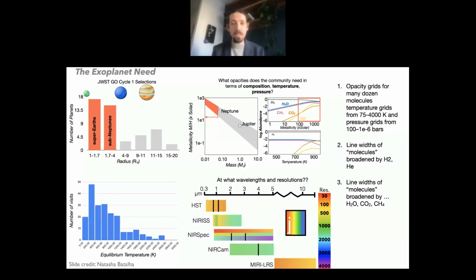In summary, I would say that this slide shows a really good summary about what the concern is, what I explained to you. On one hand, if you look at the top left, you see the majority of the planets in cycle one.